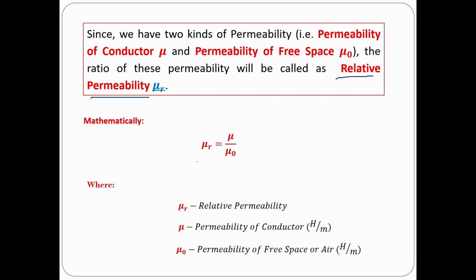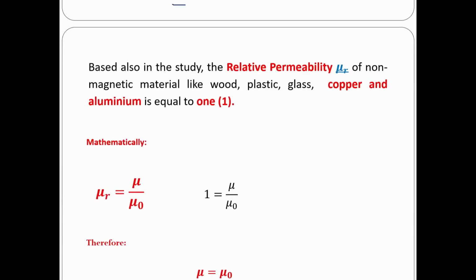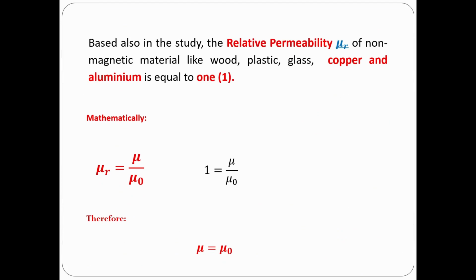Mathematically, mu r = mu over mu naught, where mu r is the relative permeability, mu is the permeability of the conductor, and mu naught is the permeability of free space or air. Based also on the study, the relative permeability mu r of non-magnetic materials like wood, plastic, glass, copper, and aluminum is equal to 1. Therefore, the permeability mu of the conductor is equal to the permeability of free space.